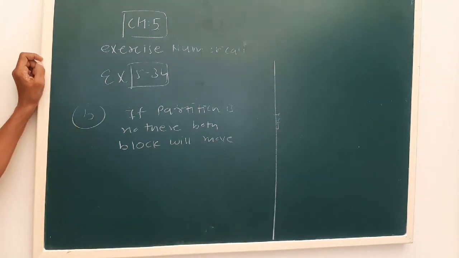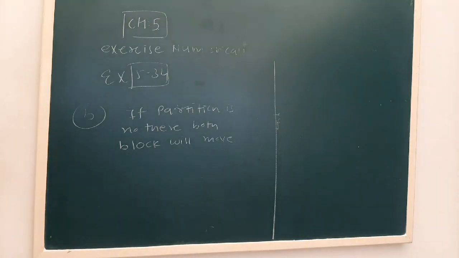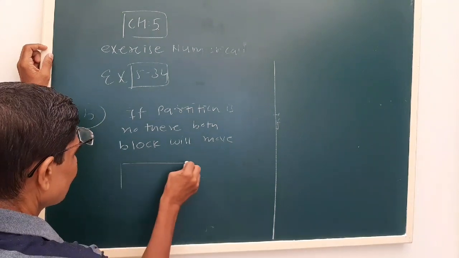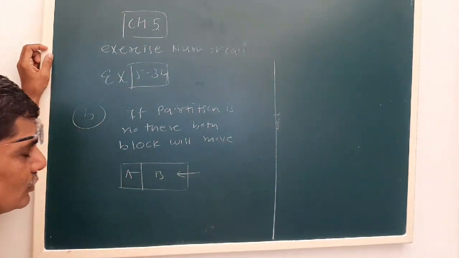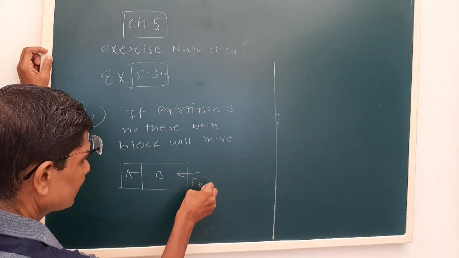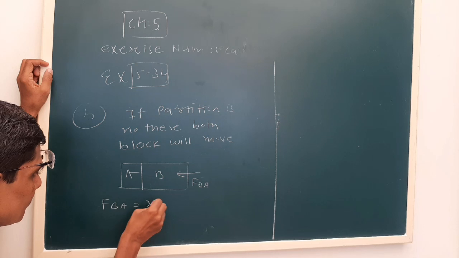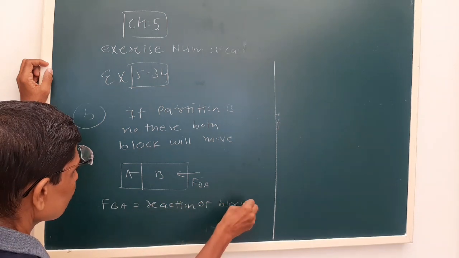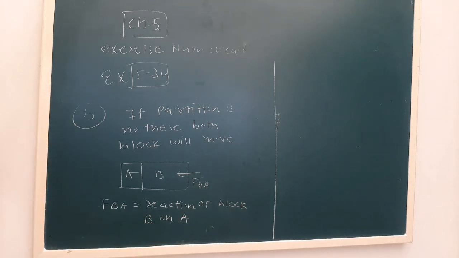So in that case, we have to consider the reaction between the two blocks also. Let us say there is a reaction of block B on A. Again the situation is like this, A and B, and we have to consider FBA, which is the reaction of block B on A.